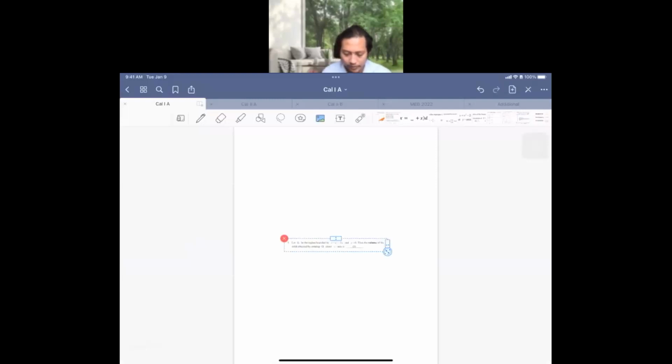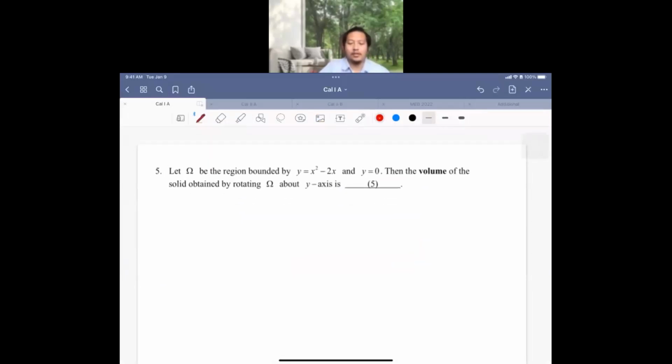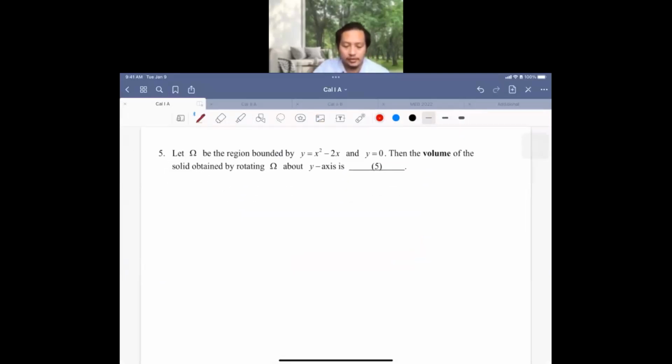Let's say we have this region and we would like to rotate this region about the y-axis, and the region is bounded by these two curves, the parabolic curve and the line equation.